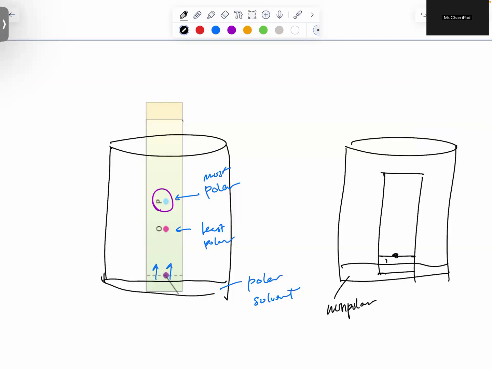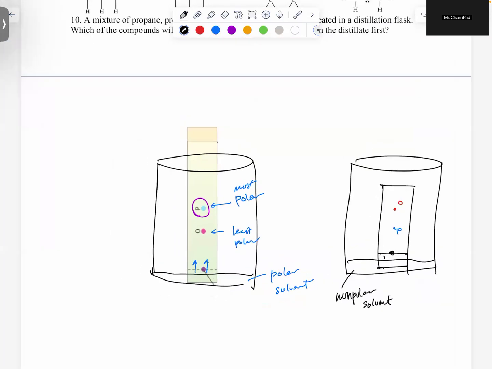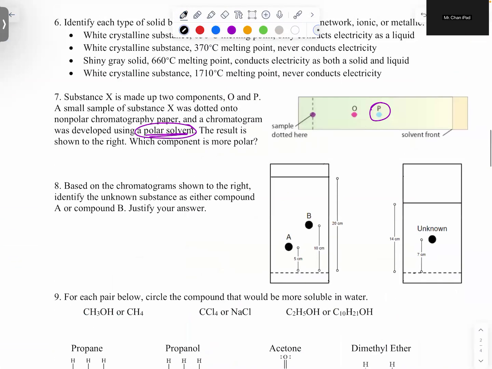Then you would say, oh, in this case, my point O will be higher and my point P will be lower because my solvent is now nonpolar. So nonpolar solute will move more than the polar solute. Okay. So make sure you are well aware of the impact of the solvent.